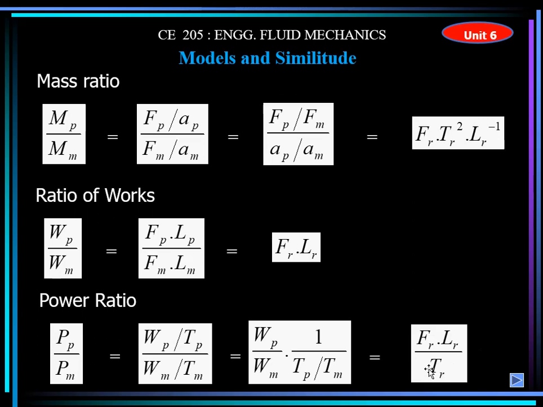This is the power ratio, because we have to solve for the power, so we can use this formula. Now we know that FR is mass into acceleration. You can further simplify this one also. If you simplify, you get mass into velocity, the same thing which we did in the previous slide, and the acceleration is length over time square.